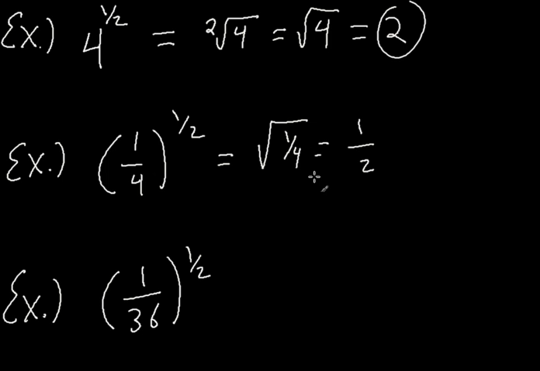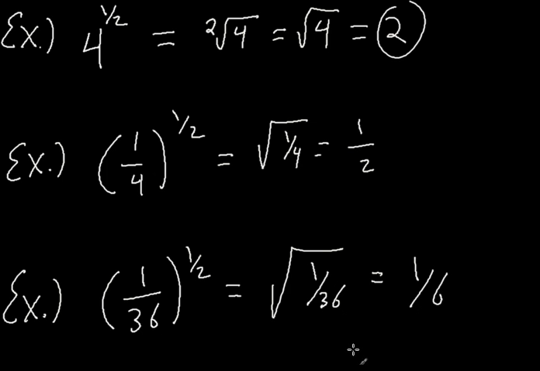Square root of 1 is 1, square root of 4 is 2, so the answer is 1/2. What about 1/36 to the 1/2? That's the square root of 1/36, and that's going to be 1/6, because the square root of 1 is 1 and the square root of 36 is 6. We can just use the quotient rule, skip a step, and go right to the answer.